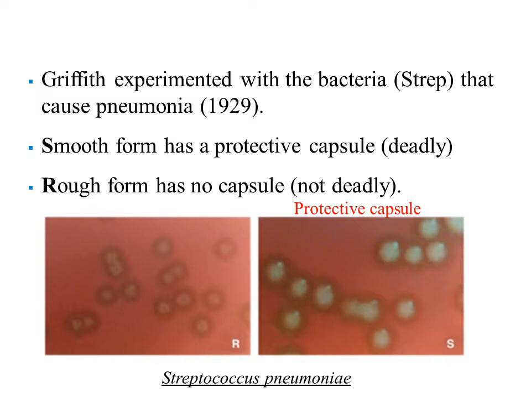Then your immune system will immediately destroy that bacteria. But if it has a smooth protective capsule, then it can be camouflaged in the body. Then your immune system does not see it and it cannot destroy it. So those are the 2 bacteria types that Griffith utilized.